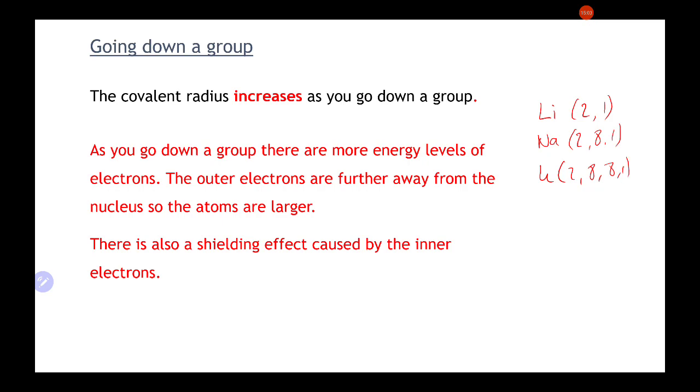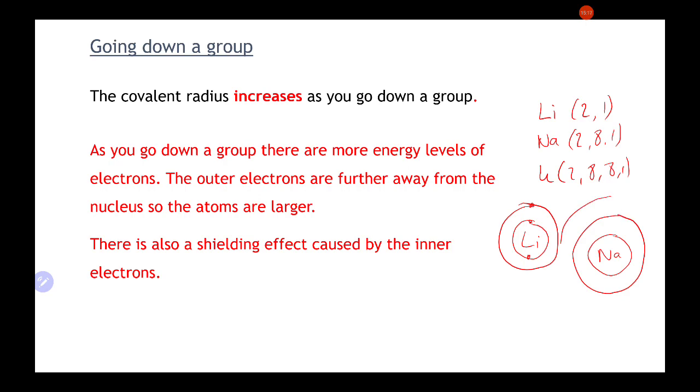As you're going down, it's obviously increasing again, so it's slightly easier to visualise. If you've got 2, 1, and then 2, 8, 1, you're obviously going to need a lot more space the more electrons you've got. Therefore your atom is going to be bigger.